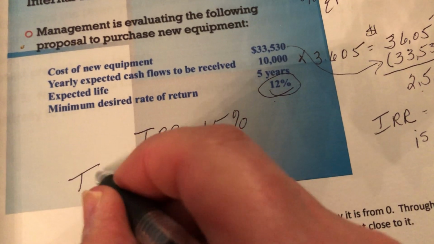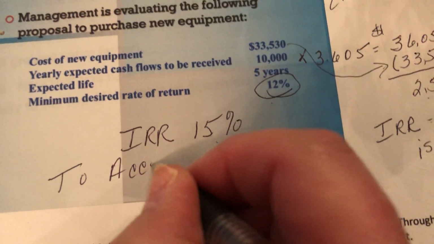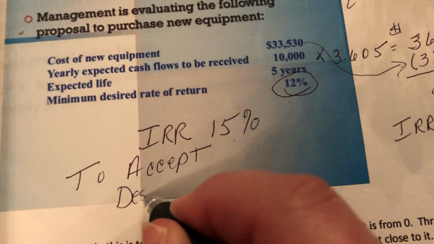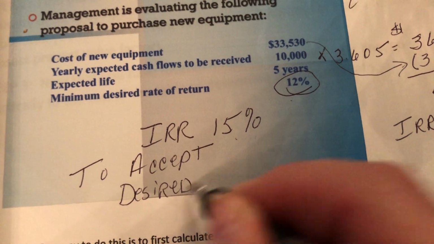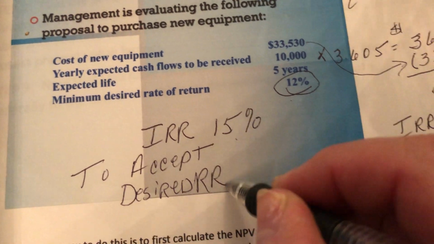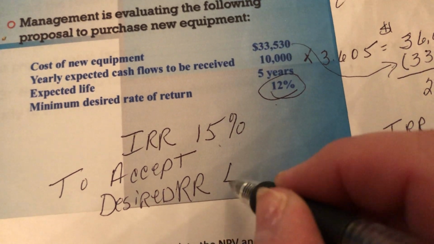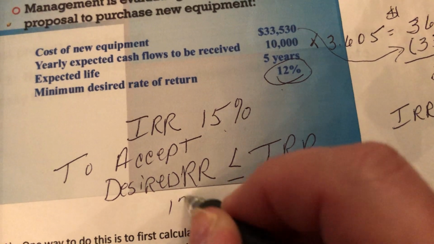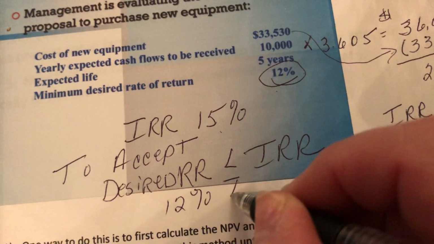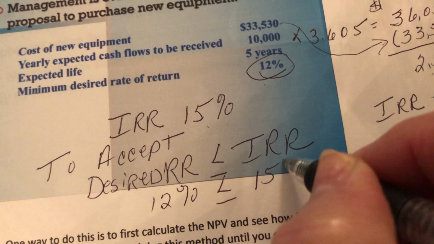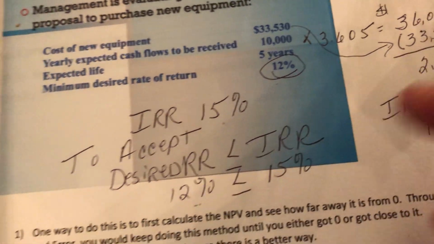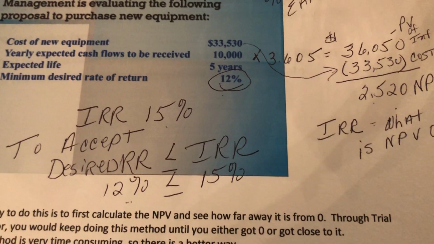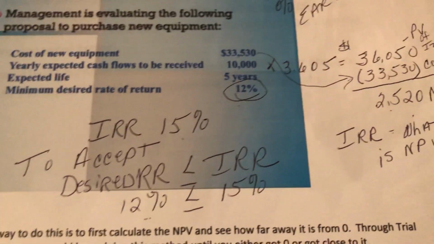So to accept, okay, the desired rate of return must be less than or equal to the internal rate of return. So 12% has to be less than or equal to 15%. You would not want this number to be 16, okay, because then you wouldn't accept the project if the net present value is below zero.